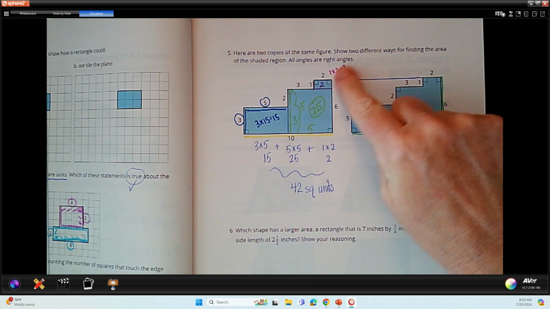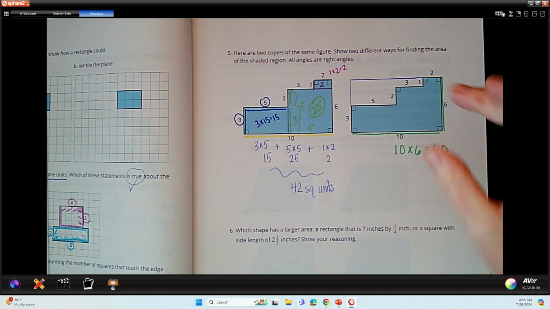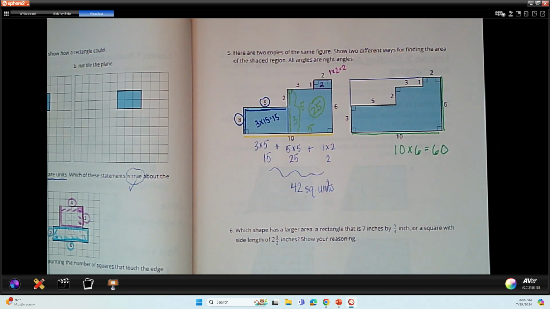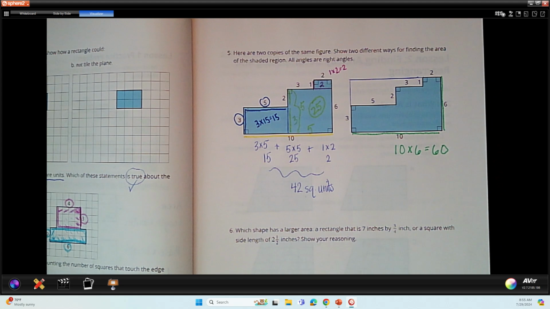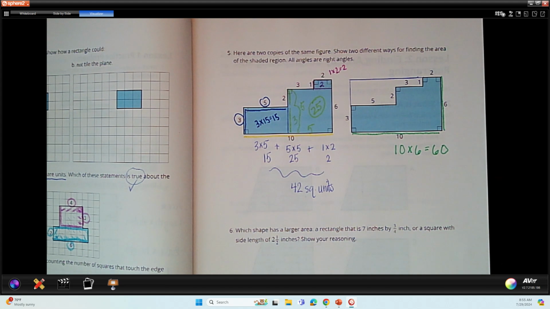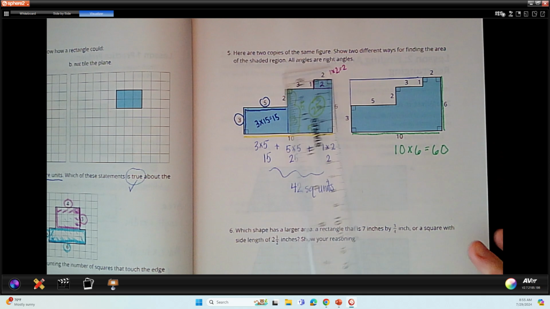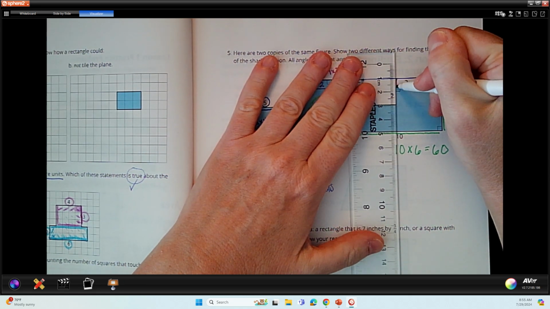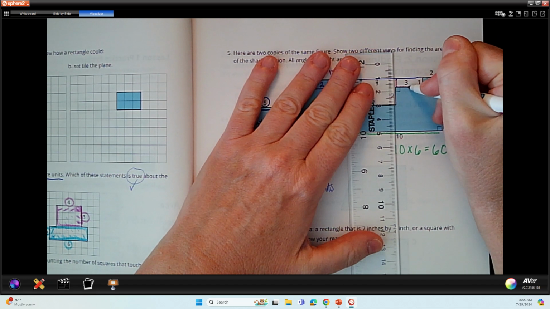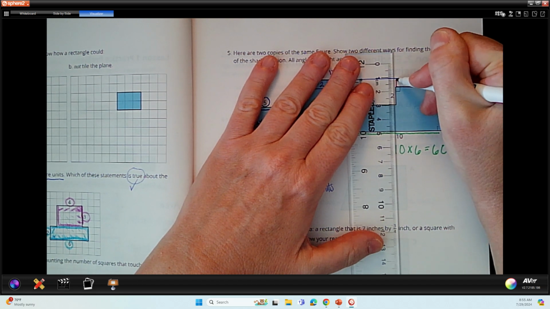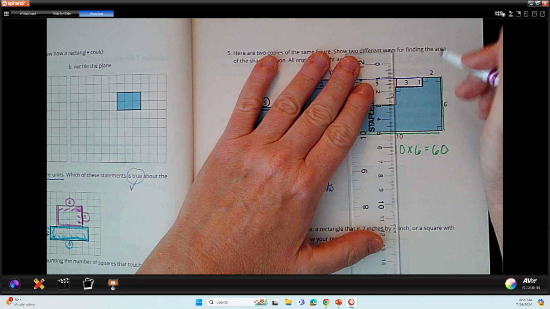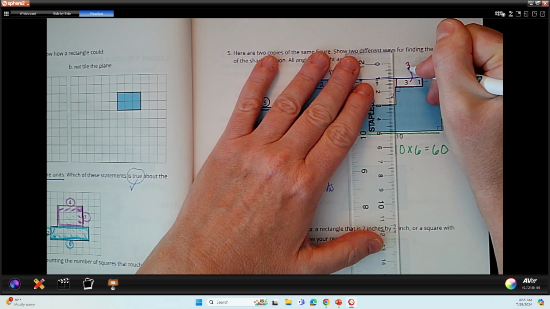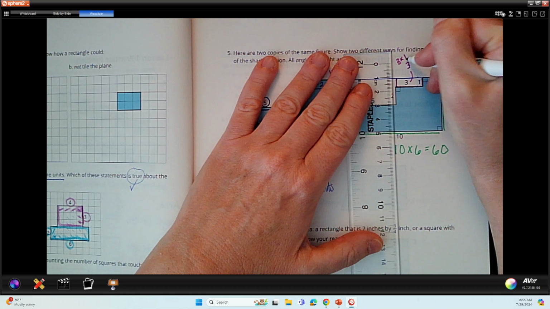However, the whole thing is not 60 square units because this is missing. This is what we need to take out of the shape. So if I look inside that shape, and let's use a pink, I can see this small little section here, which is a 3 by 1. See that? 3 by 1. So this little area is 3, 3 times 1. Okay?